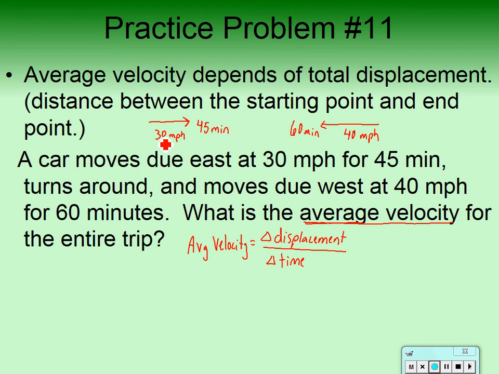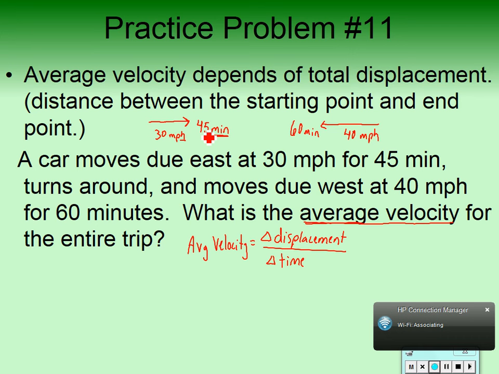So 30 miles per hour for 45 minutes. Notice how the units are different. This one's measured in hours, and it told us that the time was measured in minutes. What we need to do is take his miles per hour, the speed, and multiply it by the time, but the units have to be the same. So 45 minutes, let's change that to hours. How many hours is 45 minutes?